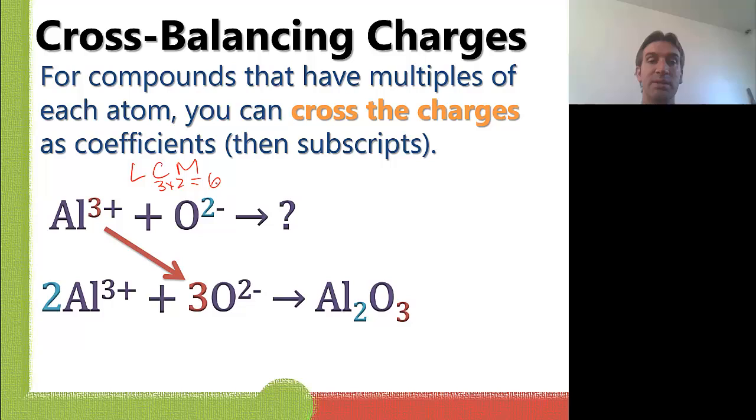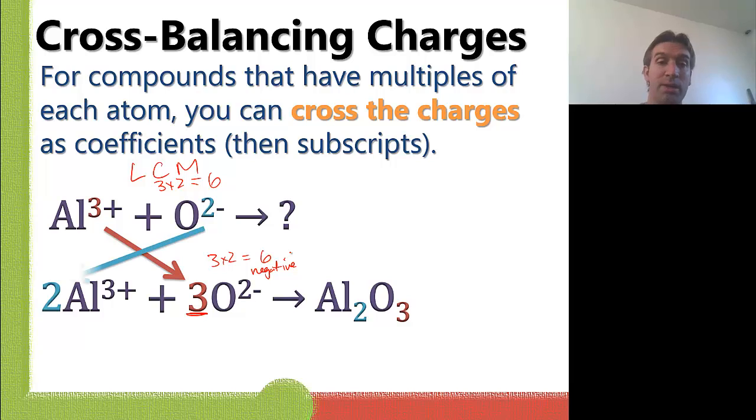So we're going to need to get 6 positive charges and 6 negative charges. If I carry this 3 down as a coefficient on oxide, you'll notice that we now have 3 times 2, giving us a 6 in terms of the negative charges, right? 6 negatives.